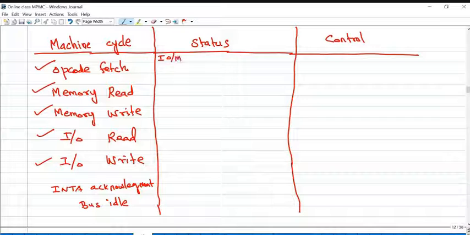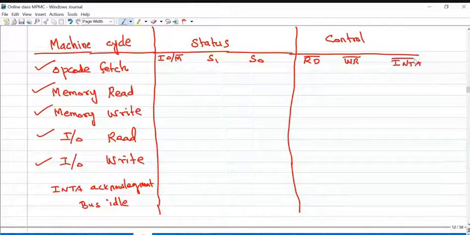And S1, S0 are two status lines. Then the control lines show whether data is being read or written, writing meaning storing the data, or INTA acknowledgement. Usually we won't show INTA in the timing diagram.